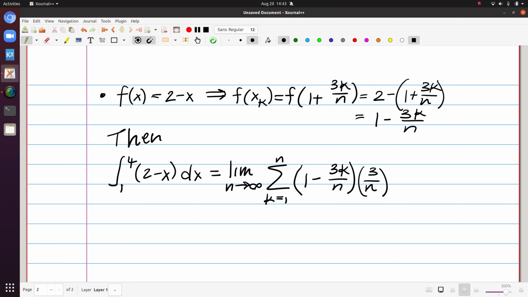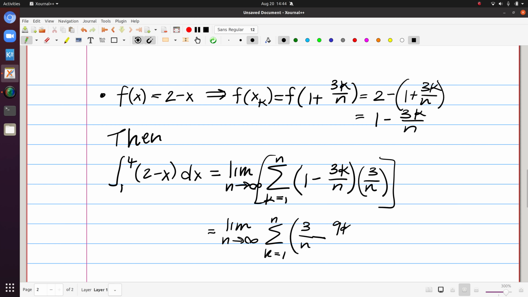So we get a more complicated looking sum, and in particular, one thing that's significant is there is a k inside of our summation. So like before, my goal is to simplify what's in the brackets here before taking the limit. And one thing I can do is distribute the 3 over n. So this becomes 3 over n minus 9k over n squared.